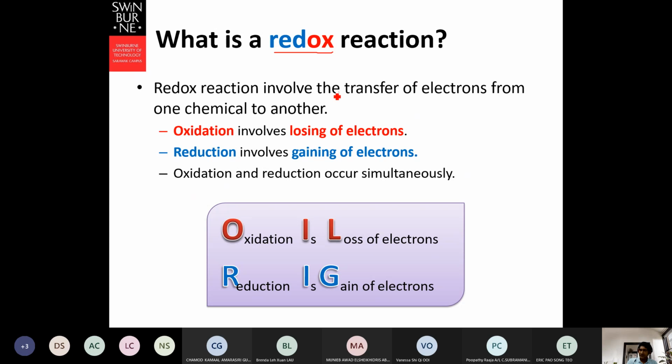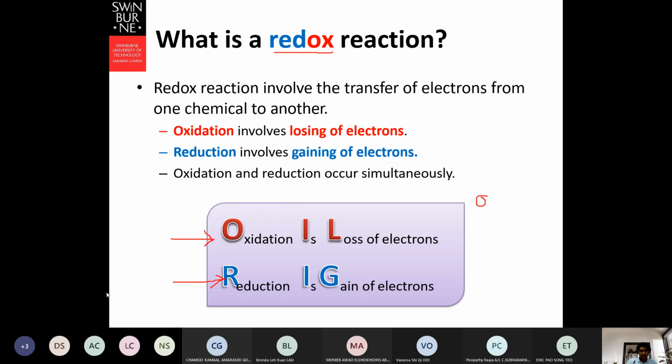When electron transfers are involved in the reaction, there will be a redox reaction going on. And to remember, there are two mnemonics we should remember, that is OIL and RIG, right?